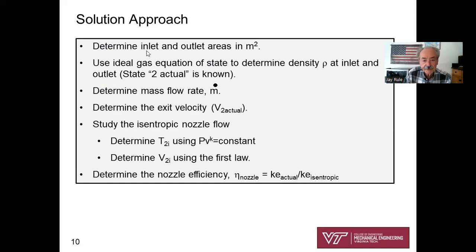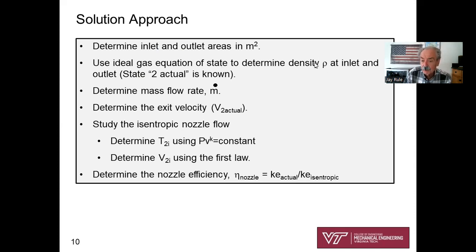Okay, so before we put pencil to paper, here's what we're going to do. Might as well just get the inlet and outlet areas in square meters. We're going to use the ideal gas equation of state, Pv = RT, or rho equals P over RT, either of those, to determine the density rho at the inlet and the outlet, because we know the actual outlet temperature. We measured it.